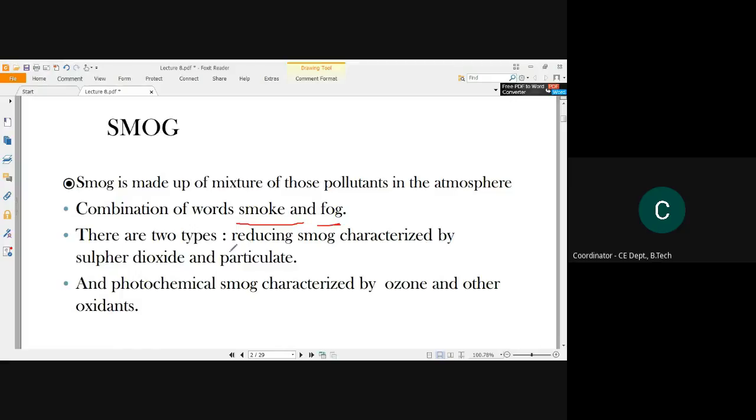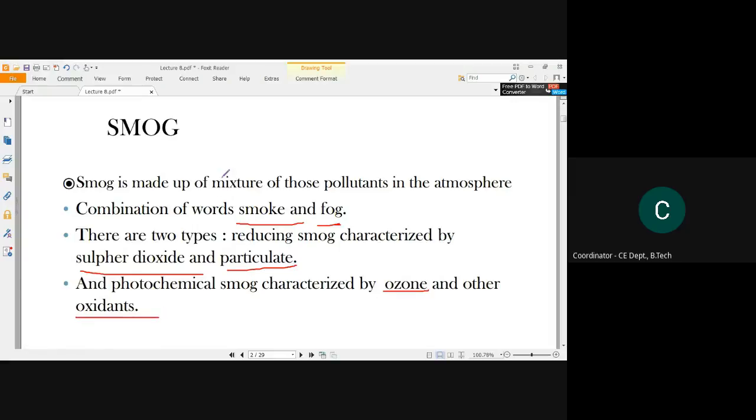There are two types of reducing smog categorized by sulfur dioxide and particulate matter, and the photochemical smog categorized by ozone and the oxidants.